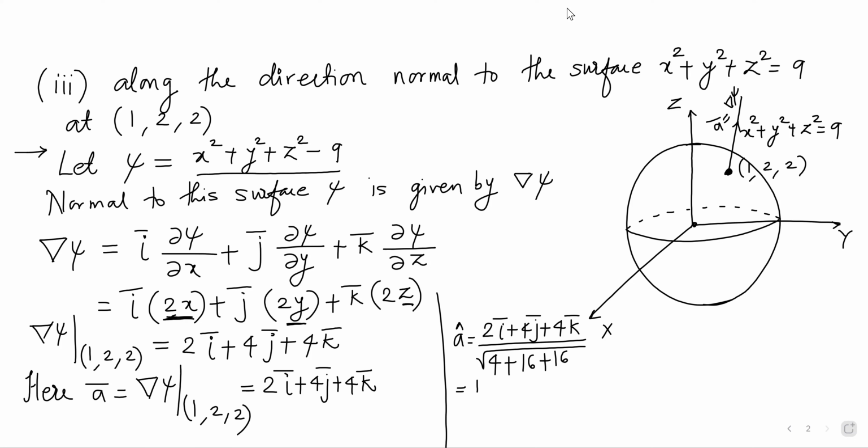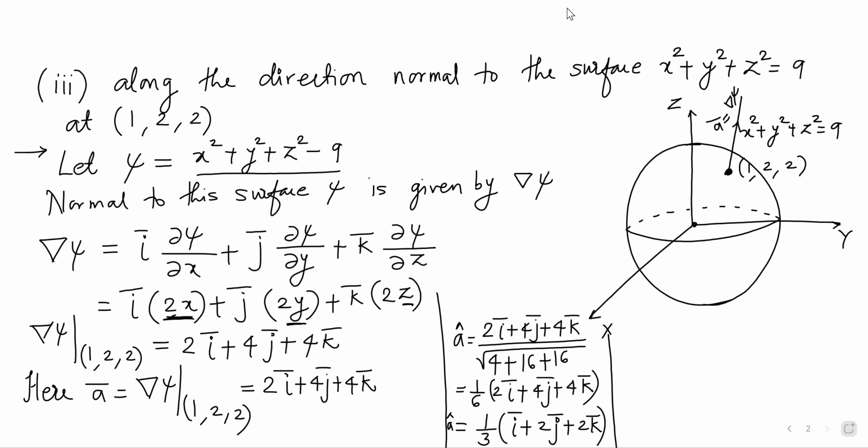That means it is 1 by 6 times 2 i bar plus 4 j bar plus 4 k bar. So what do I get as a cap? You take out 2 common, so it is 1 by 3 times i bar plus 2 j bar plus 2 k bar. I'm just cancelling that value, correct?